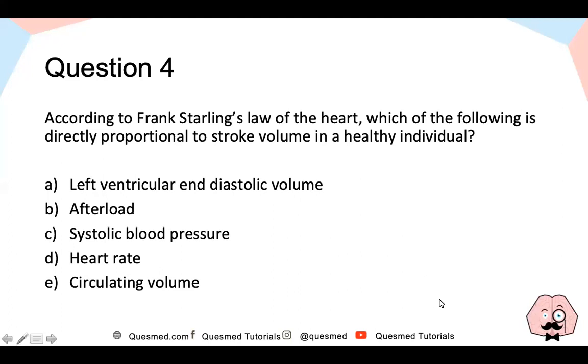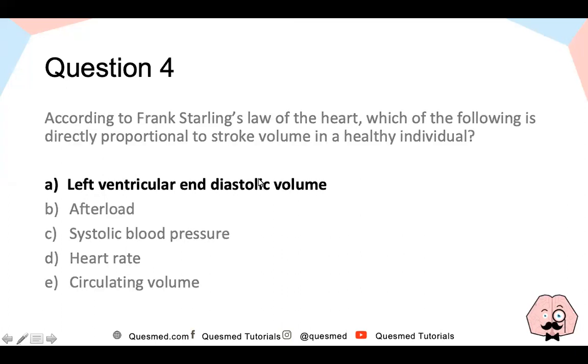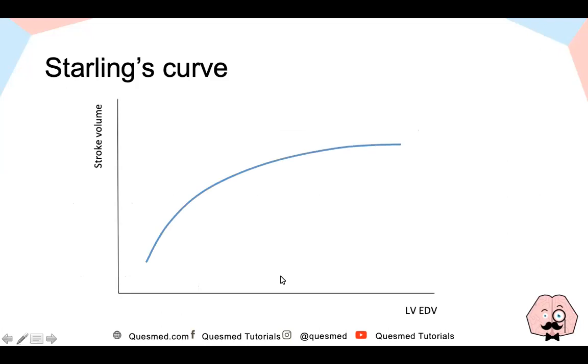Okay, so let's have a look. I've got the majority of people saying left ventricular end diastolic volume, a few answers for the others. So the correct answer for this one is left ventricular end diastolic volume. So the Starling curve, I'm sure that everyone will have seen this picture by now.